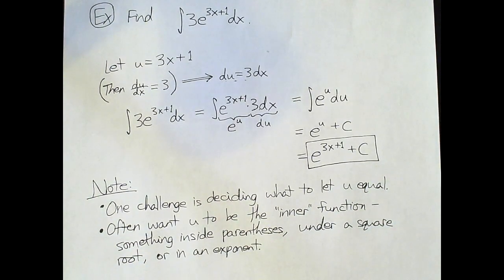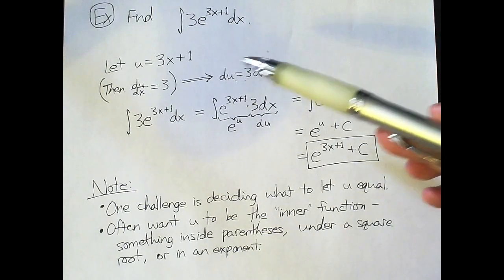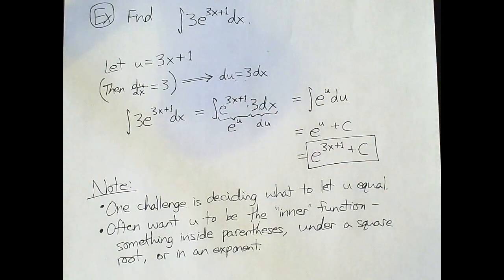And in the two problems that we did, that's how I chose u. In the first one, I let u equal something that was under a square root. And in the second problem here, I let u equal the thing that was up in the exponent. So that seems like that worked out.